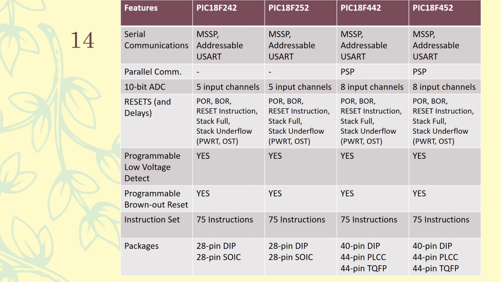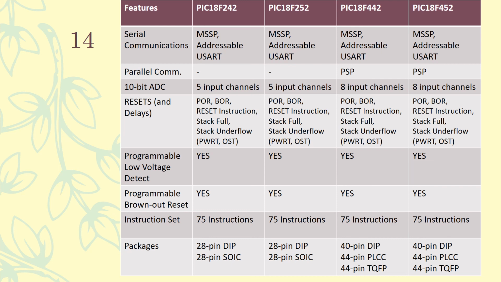Then reset, and we have for all of them same, that is power-on reset, brownout reset, reset instructions, stack full, stack underflow, PWRT and OST timer based. So all these are same for 242 to 452 members of PIC 18 family.